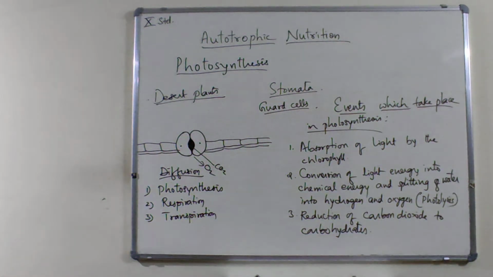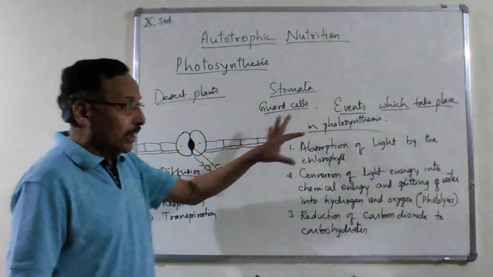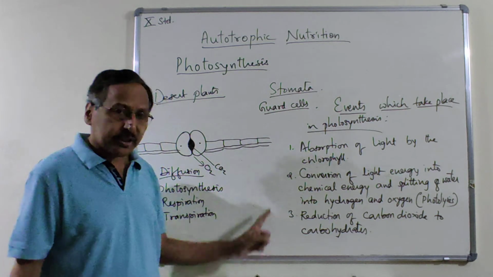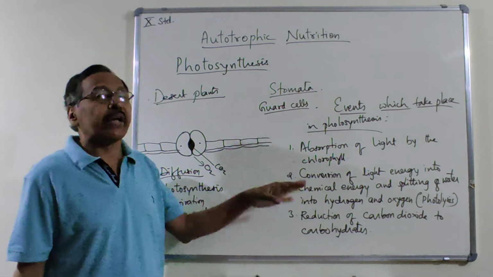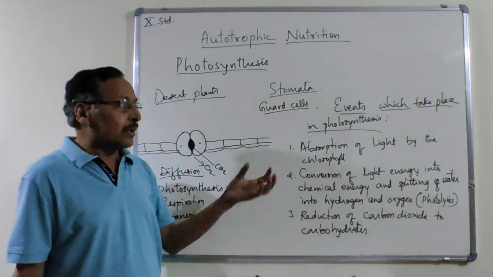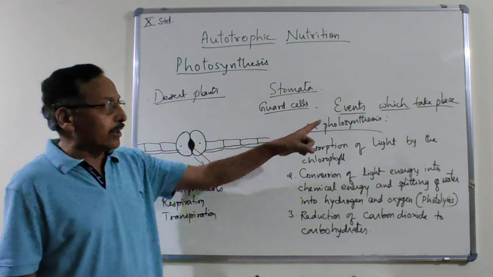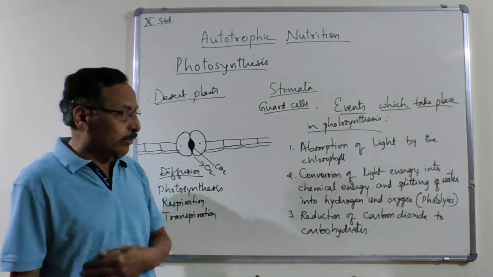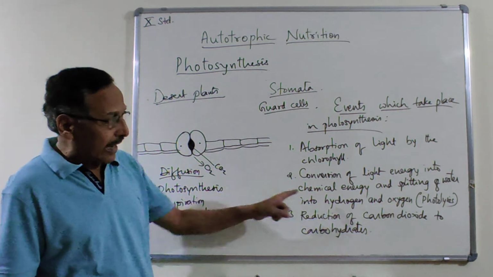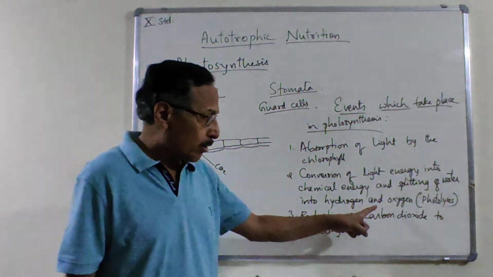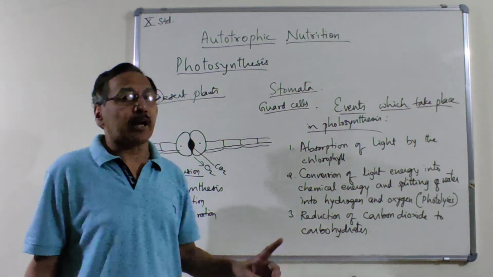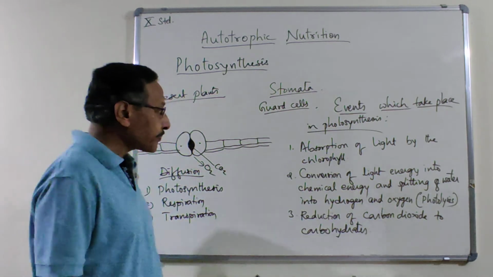So these three steps essentially take place in photosynthesis, whether they occur in a serial order, one after another, or they may vary, as I told you in desert plants. But these three processes do take place: absorption of light by chlorophyll, conversion of light energy into chemical energy and splitting of water into hydrogen and oxygen, and thirdly, reduction of carbon dioxide into carbohydrate, that is glucose.